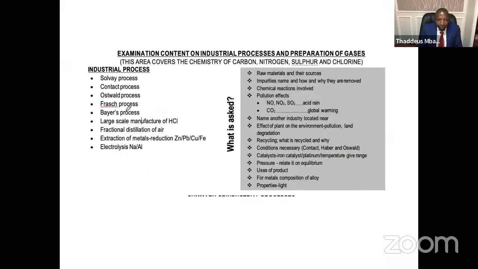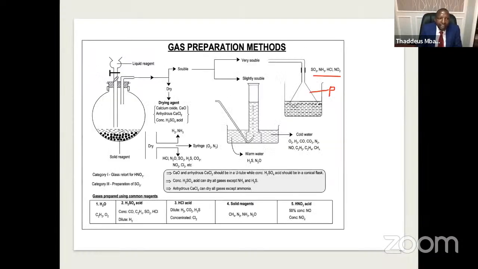Then they'll tell you that the gas, once prepared, was dissolved in acidified potassium manganate(VII). Then the first thing the examiner will tell you is to show how the gas was dissolved in potassium manganate(VII). So again, you will still draw.